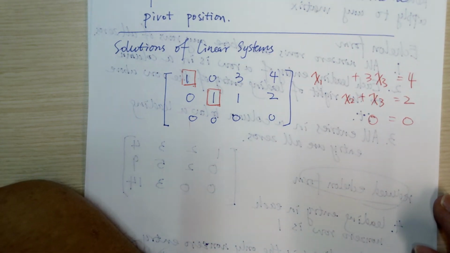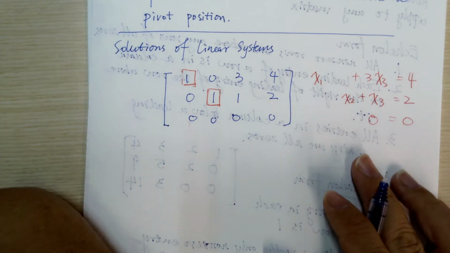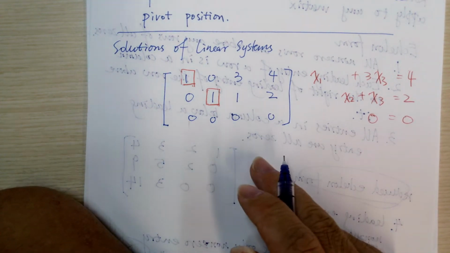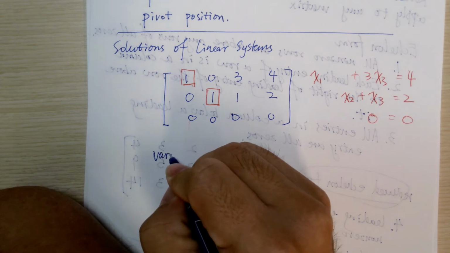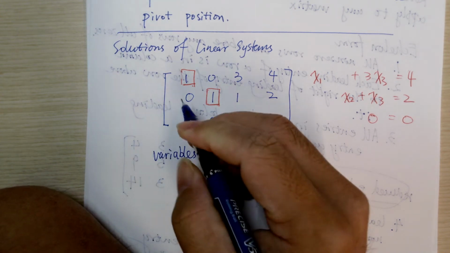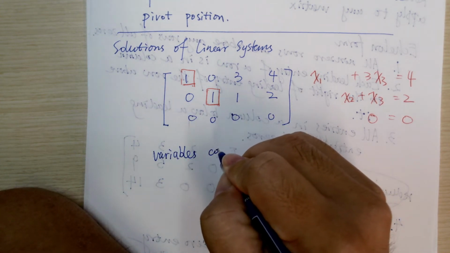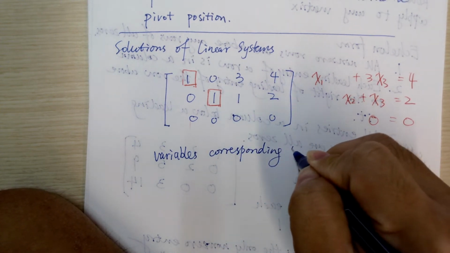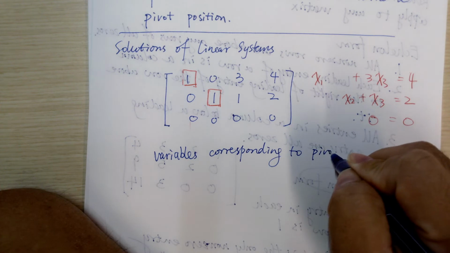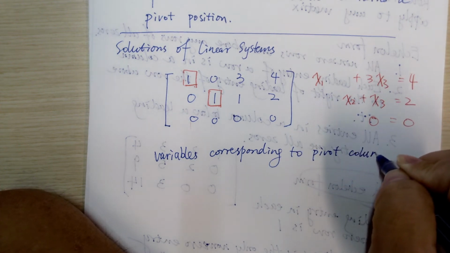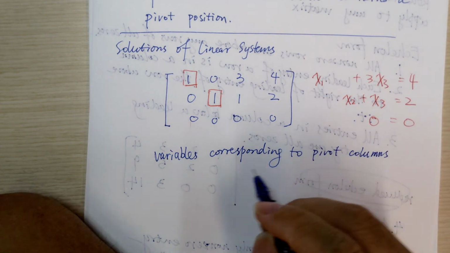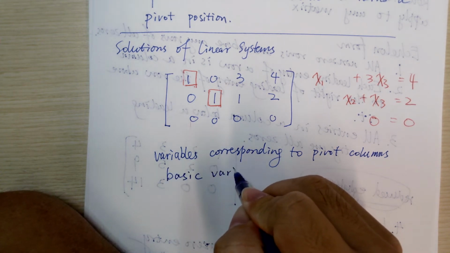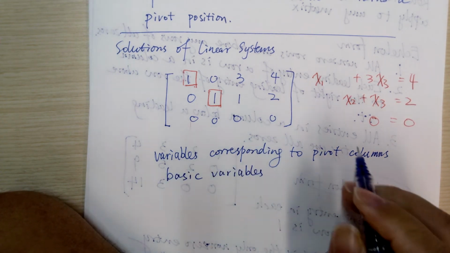Well, we have some names. The variables corresponding to the pivot columns are called the basic variables, okay?